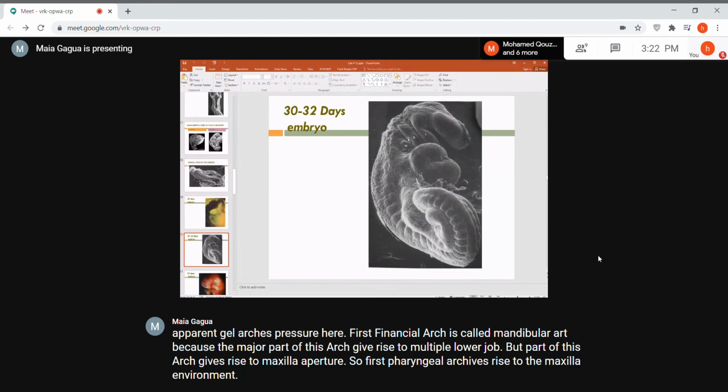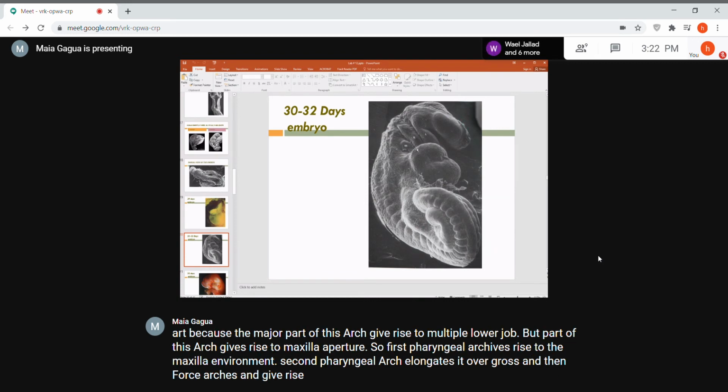Second pharyngeal arch elongates, it overgrows third and fourth arches and gives rise to a cervical sinus during fifth week.